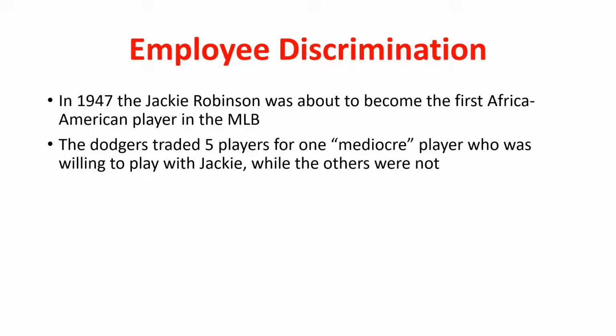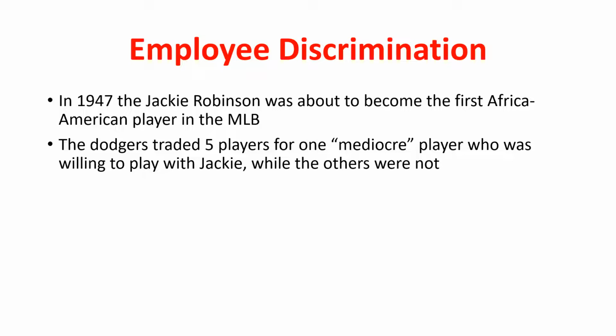Well, if I'm going to have to pay a premium for these 5 players who are all saying they won't play with a Black player, openly discriminatory, I'm going to have to pay them a higher wage to play with this player, or I'm going to get fewer quality labor hours out of them. I'm just going to trade them for players who don't have to be of similar quality.